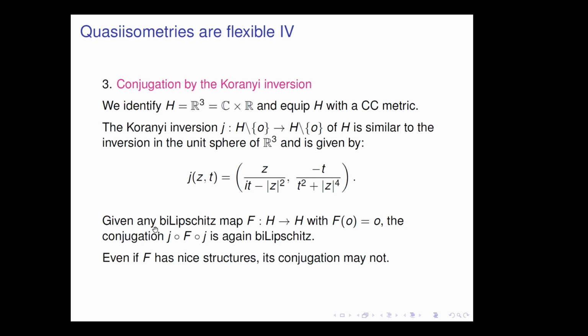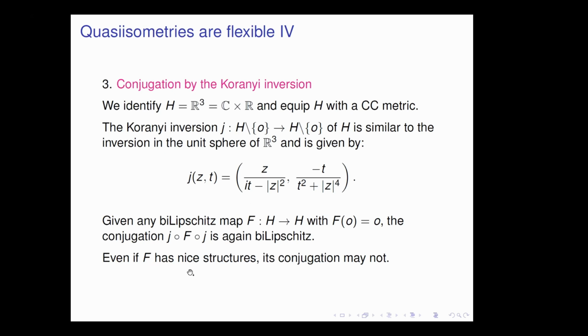Now, if we start with any bi-Lipschitz map F of the Heisenberg group H which fixes the origin, you can always arrange this by doing a left translation, then its conjugation by the Koranyi inversion is again bi-Lipschitz. So you can start with any nice bi-Lipschitz map F and conjugate by the Koranyi inversion.